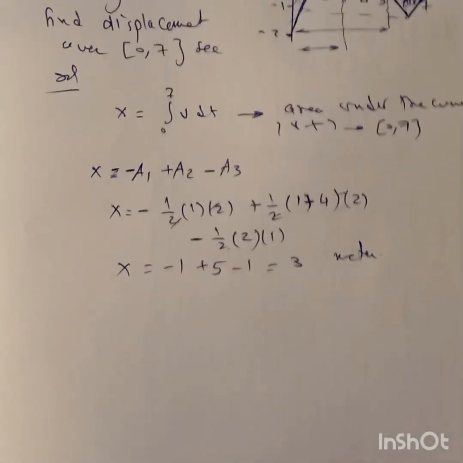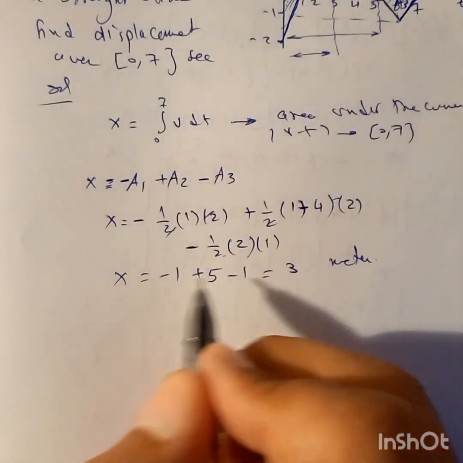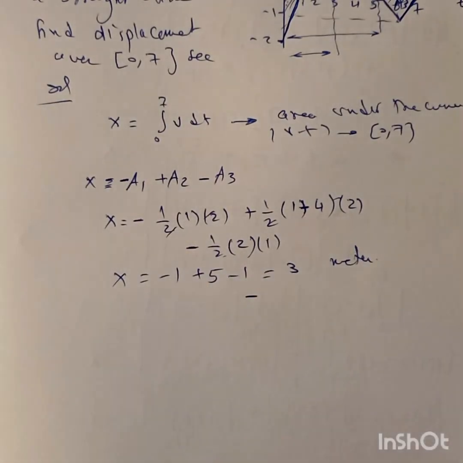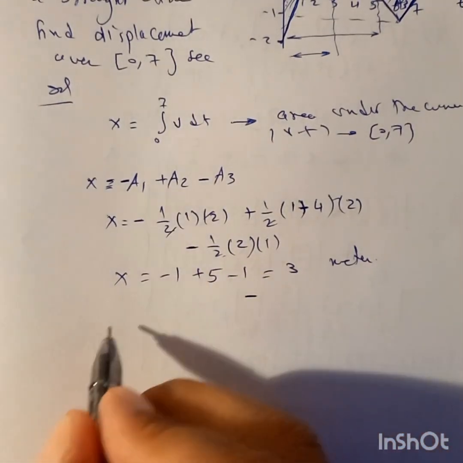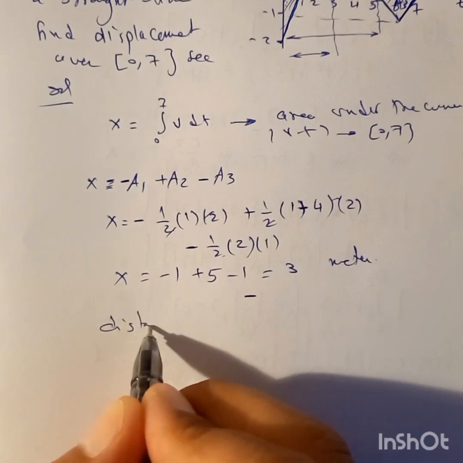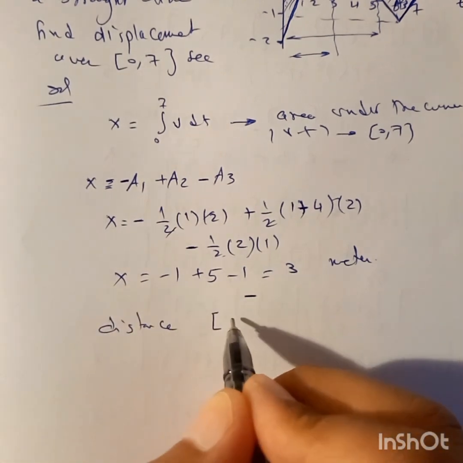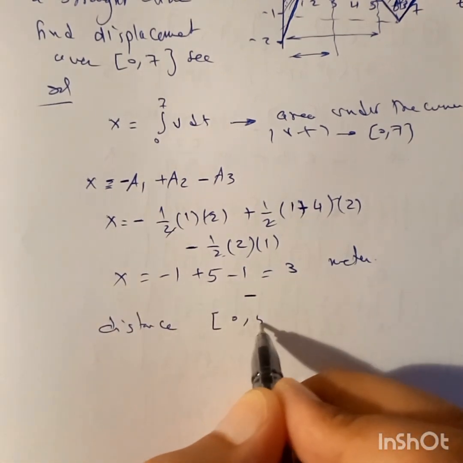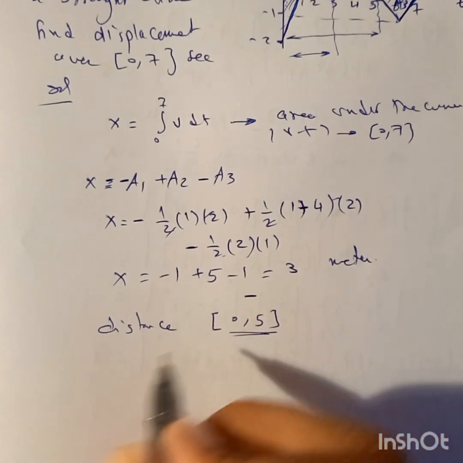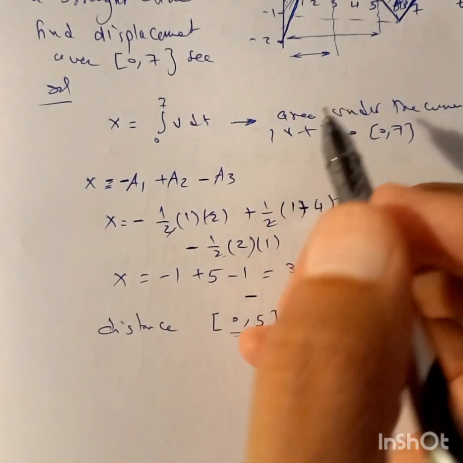Secondly, if, for example, it's required to find distance only over the time interval from 0 to 5, then distance is always positive.